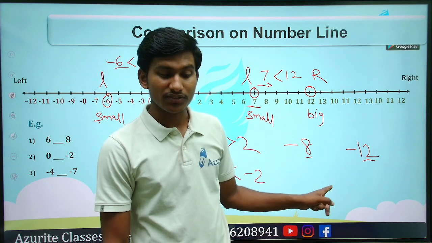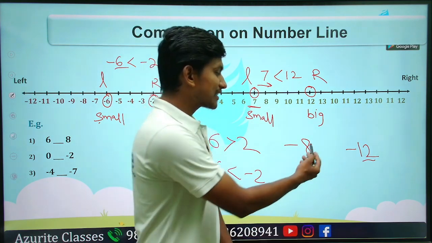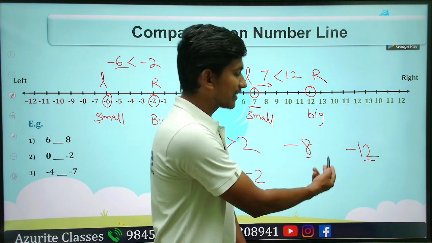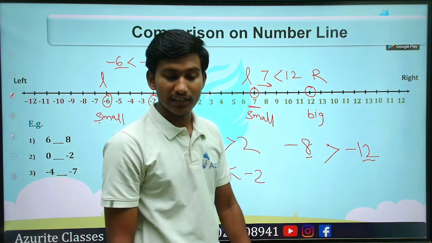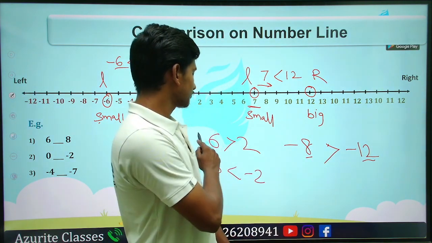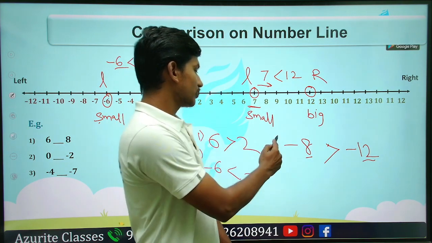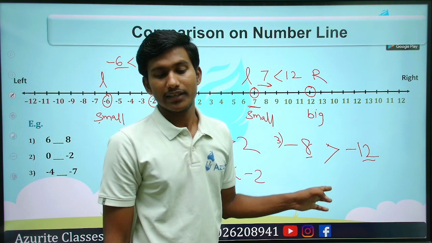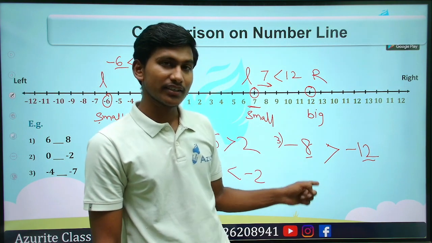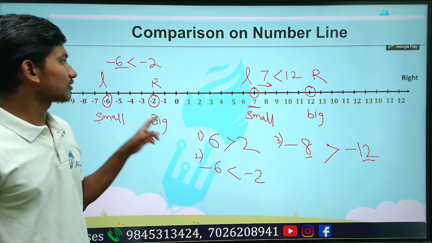Because it will be reverse. Minus 8 is bigger, that is, minus 8 is greater than minus 12. Understand? Good. This is how we have to do the questions in the minus. Should we see some of the questions now?